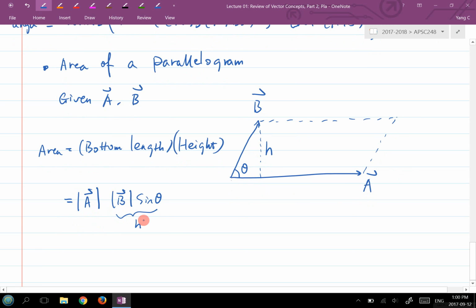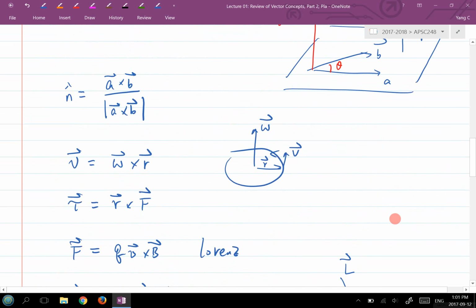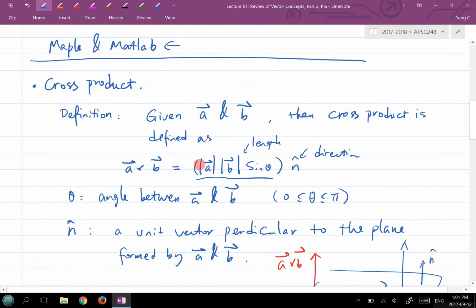Now you can already see that the area expression is the absolute value of A times the absolute value of B times sine theta. If you look at your notes, this is exactly the length part in the cross product definition.